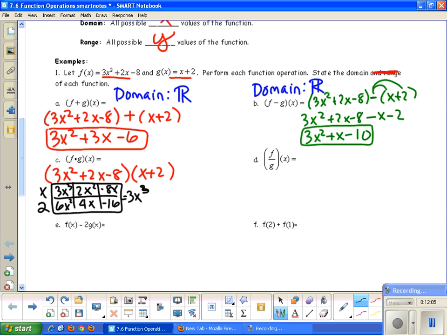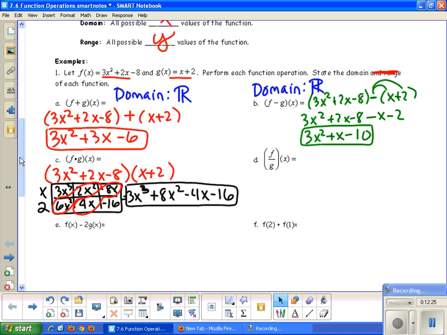And then I get plus 6x squared and 2x squared, so plus 8x squared. And then 4x minus 8x gives me minus 4x, and then minus 16. So that would be my answer when I FOIL this out. So remember, these were like terms here, and these were like terms here. And for my domain, I'm not dividing by anything, so there's no variables in my denominator. And I don't have any radicals in any of these equations because we're not doing that yet. So the domain is all real numbers.